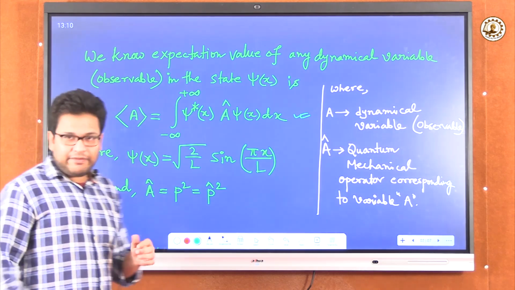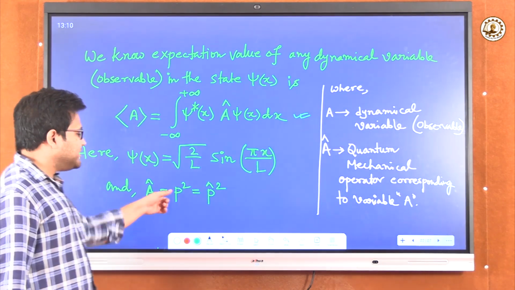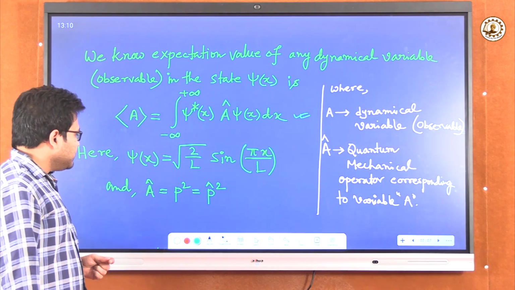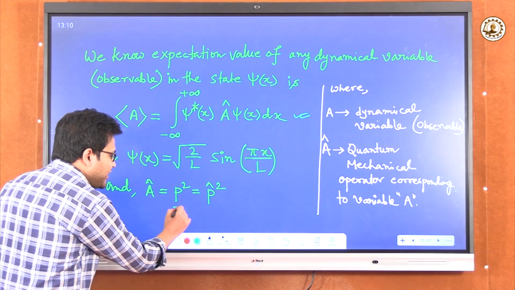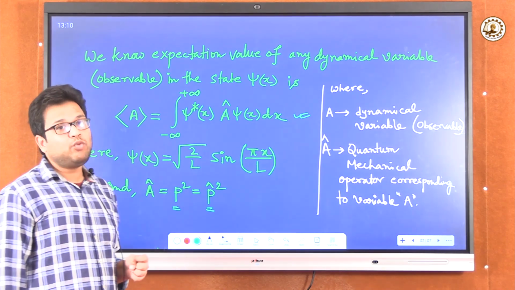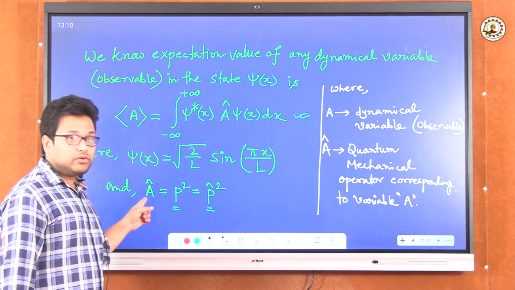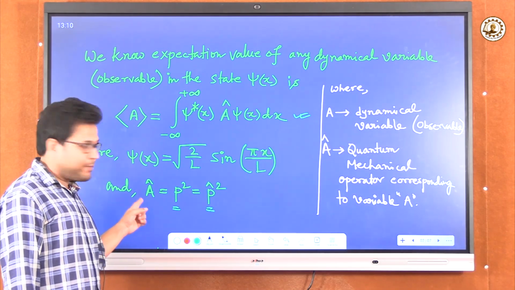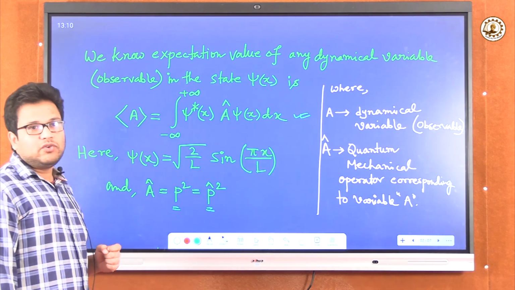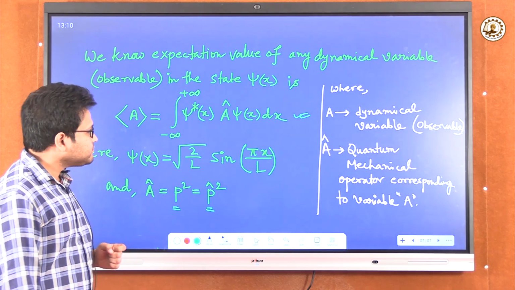Now, in the given question, the dynamical variable is p squared, which is the square of the linear momentum. So I can write p squared as p cap squared, where p cap is the linear momentum operator. So in this question, A cap, the quantum mechanical operator, is p squared, and we are going to find the expectation value of p squared.